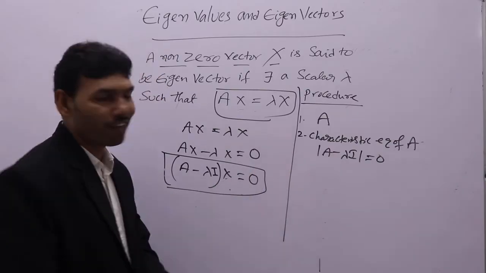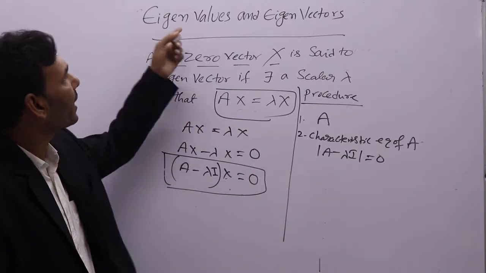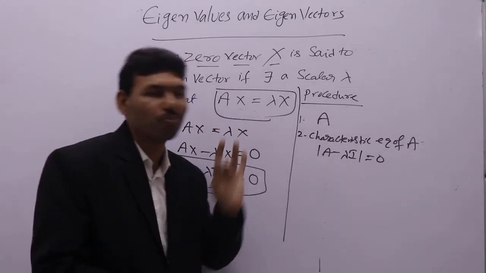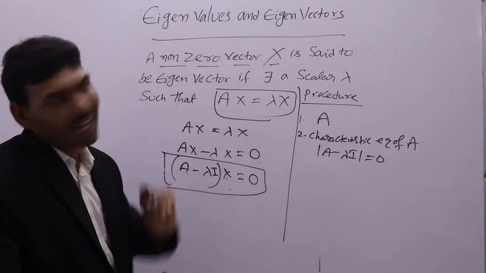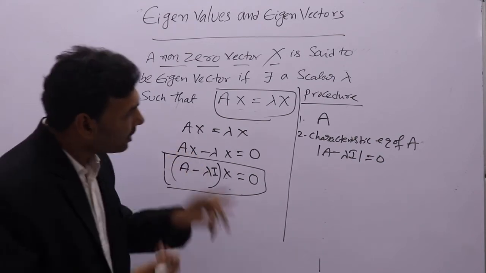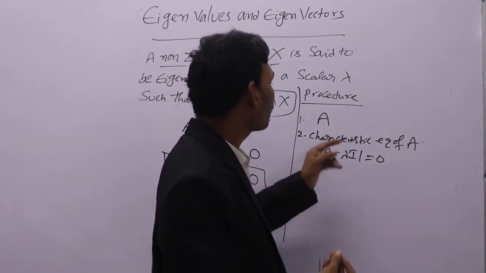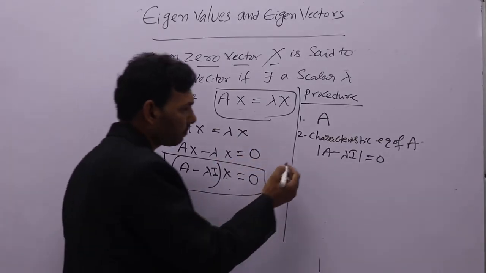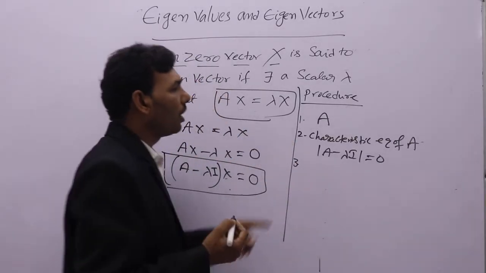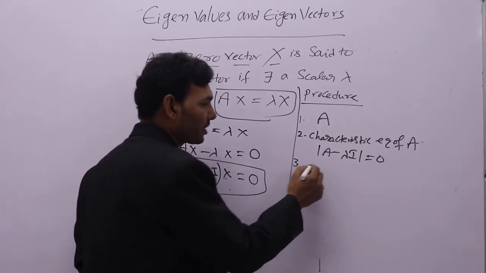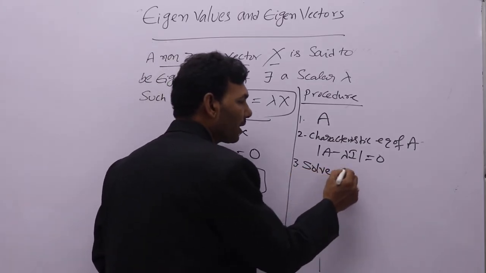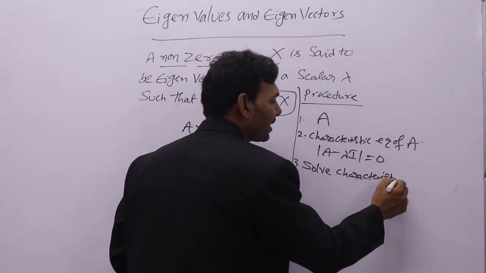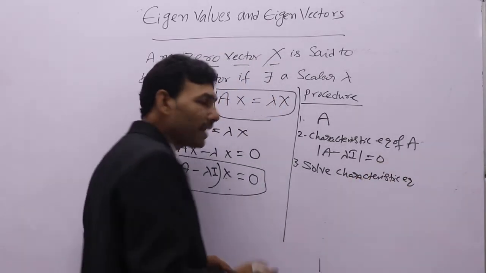This characteristic equation plays a key role in finding eigenvalues and eigenvectors. So the characteristic equation is very important for calculating them. I will tell you a simple shortcut to find the characteristic equation while discussing problems. Now you need to solve this characteristic equation, which is generally in lambda.